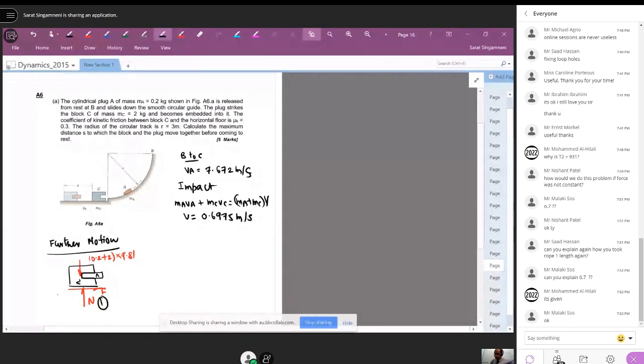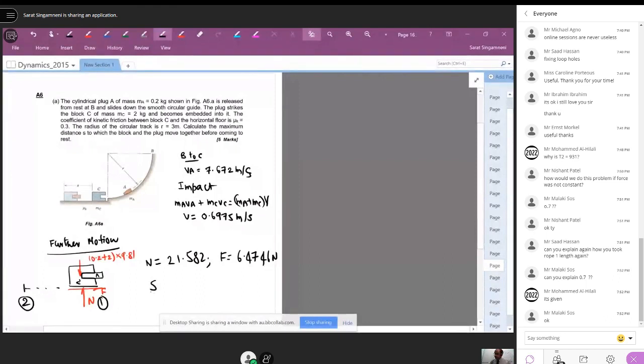That is 0.1. It moves and comes to rest, what is 0.2. So you can apply equation of motion in the y direction and calculate N, which is 21.582 Newton. F is equal to mu times N. You will get F as 6.4746 Newton. And then use work energy equation.